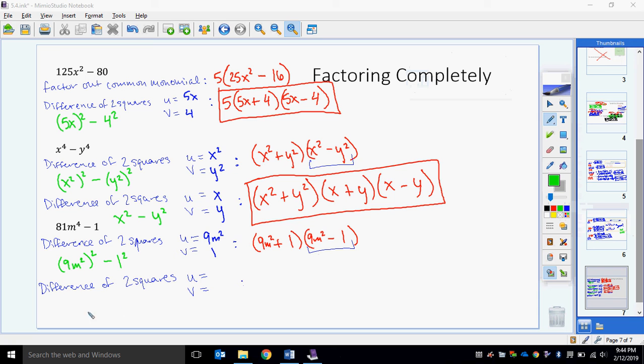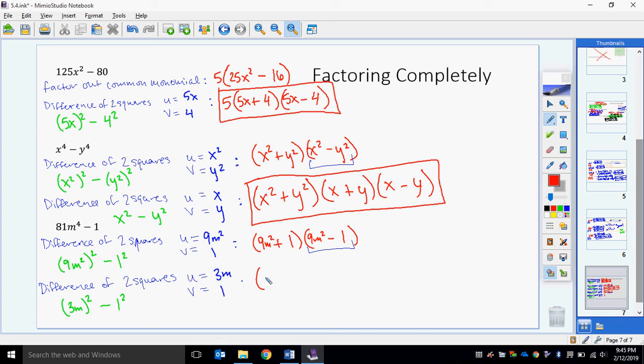So let's rewrite this as two things being squared and subtracted. So 3 squared would get me up to 9, and if I squared an m, it'd get me up to m squared. And how do I make that look like a square? Well, I put 1 squared because it'd get me back to 1. So my u is the 3m, my v is the 1.